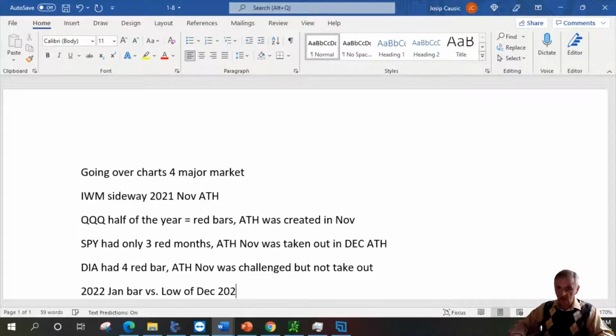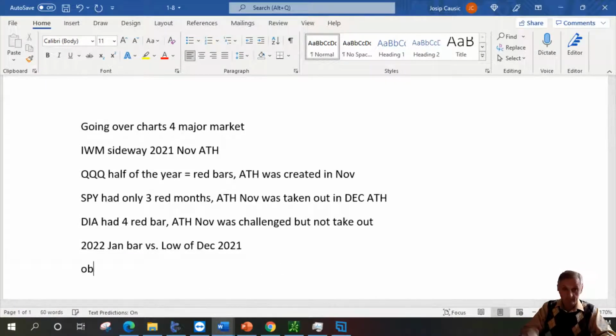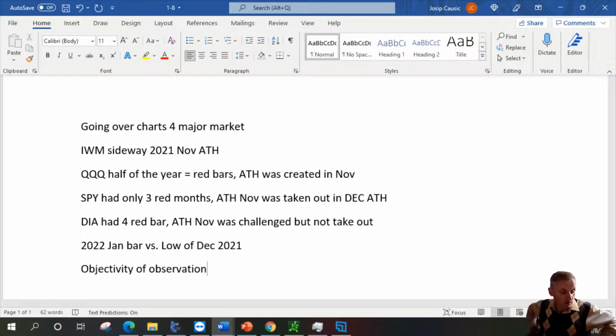Now, after you do this for a number of weeks, it becomes more and more clear to you, and then you achieve what I like to call objectivity of observation. And objectivity of observation is probably one of the most important things for a trader. So not the subjectivity, not the emotions, but the objectivity of observation.